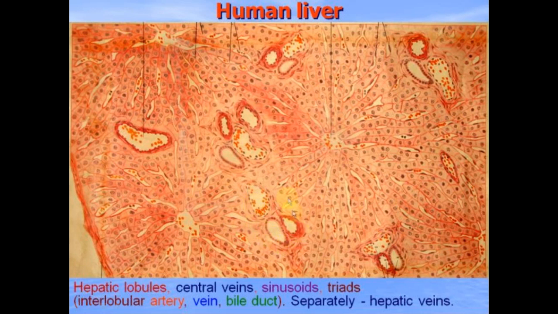These three vessels combine into the hepatic triad. There are up to 6 triads around every lobule. So this is one hepatic lobule, this is another one, and the half of the next is a piece of 2 others.